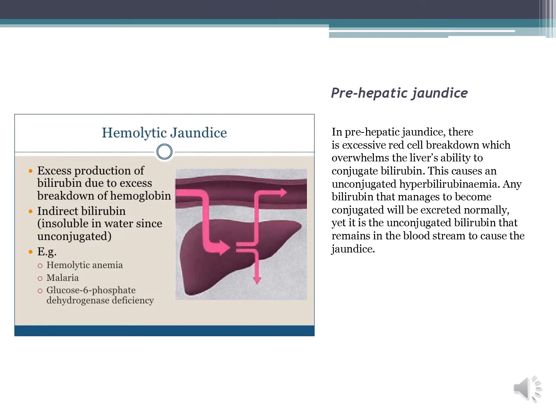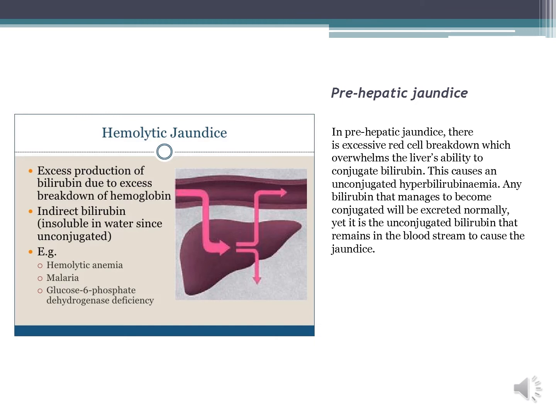So, excess production of bilirubin due to excess breakdown of hemoglobin, indirect bilirubin insoluble in water since unconjugated. Such a situation we can see in case of hemolytic anemia, malaria, glucose 6-phosphate dehydrogenase deficiency.